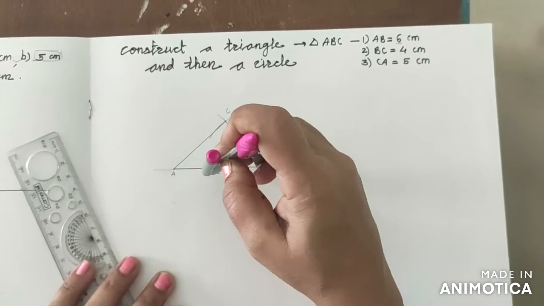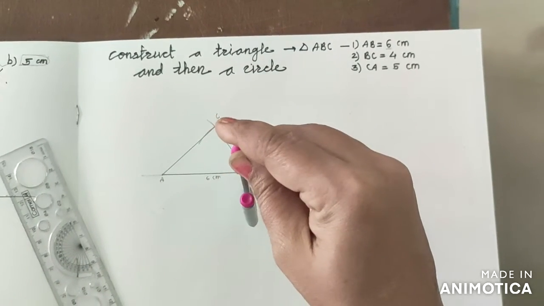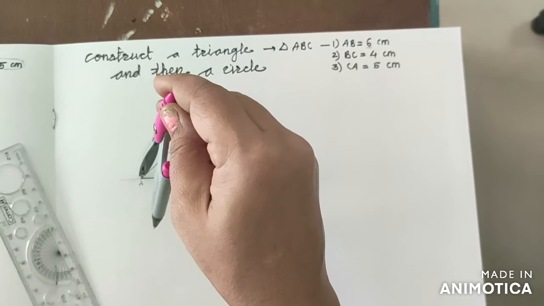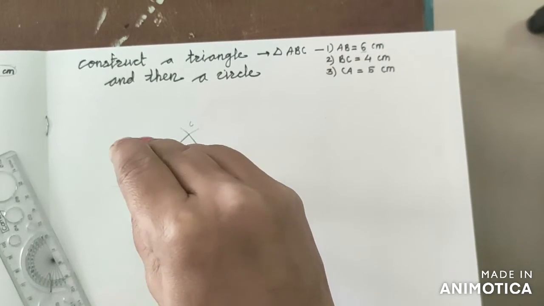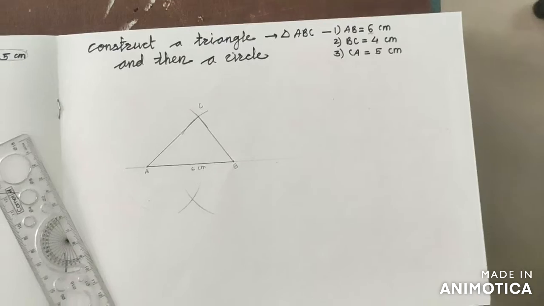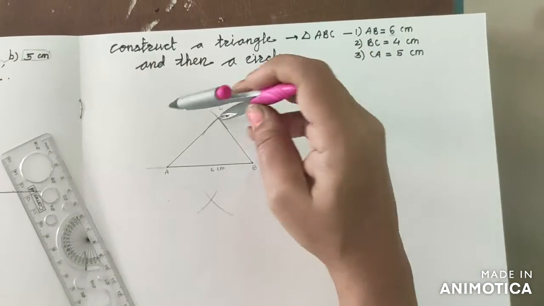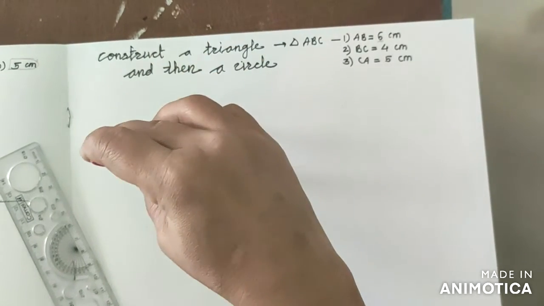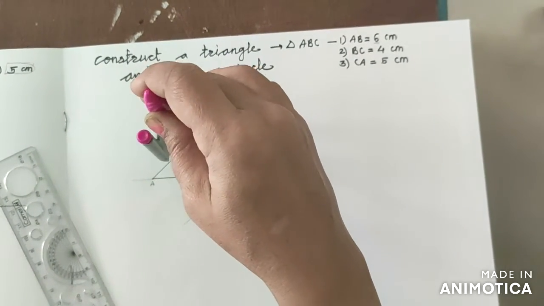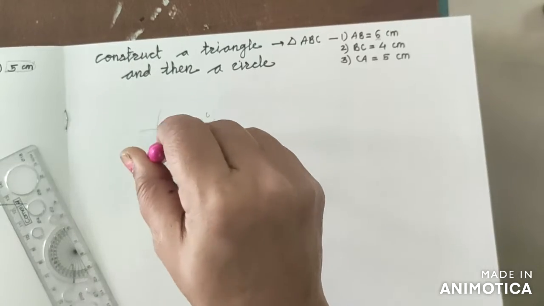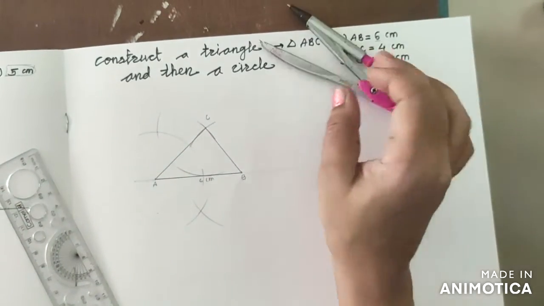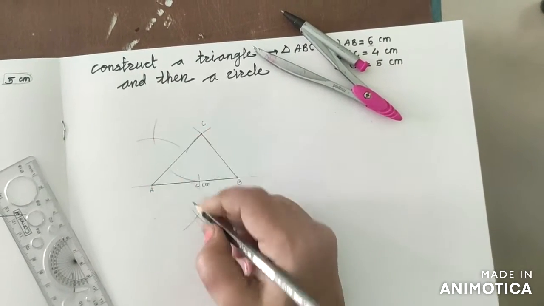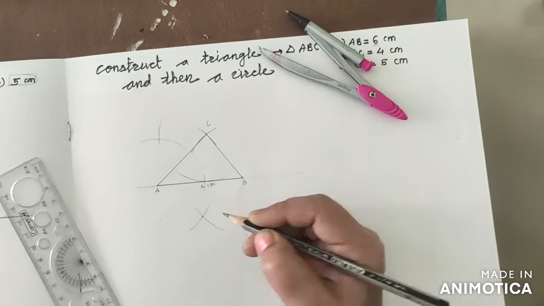So take more than half length in our compass like this, in this way, and here also take more than half length. And when we join these 4 points to each other, we get 2 perpendiculars.